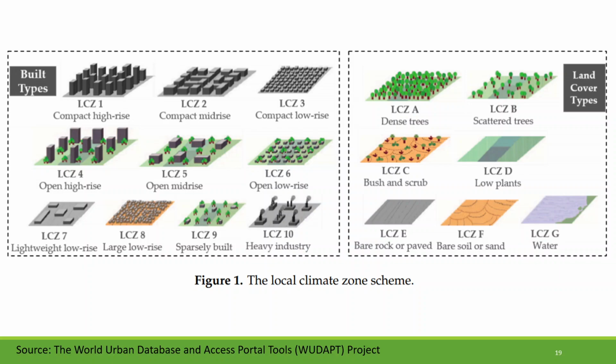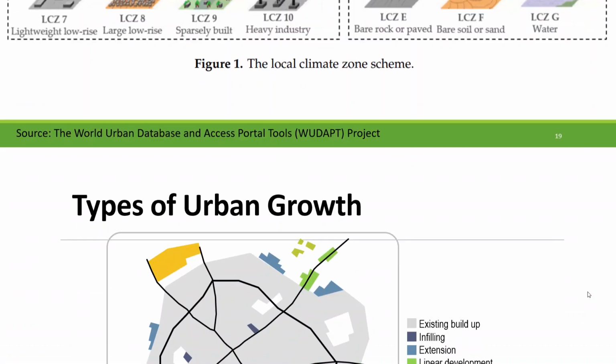So, using a mixture of these zones, we can determine urban heat island effects or climatic risk zones in urban centers. So, this is another vital component of urban form nowadays in current research.